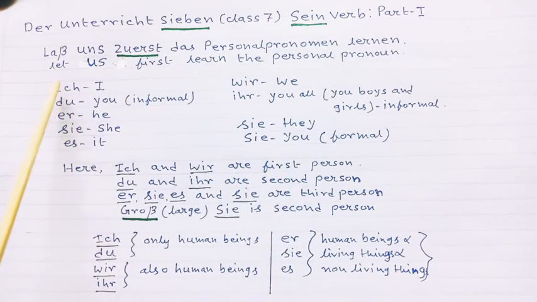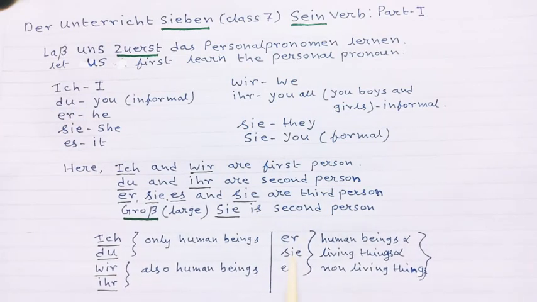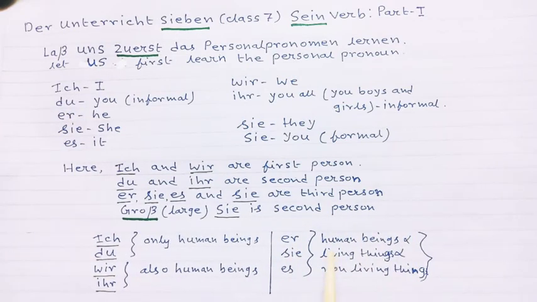Now, ich is only for human beings. Du is for human beings. Wir and ihr are also for human beings. Er, sie, es can be human beings, living things and non-living things.